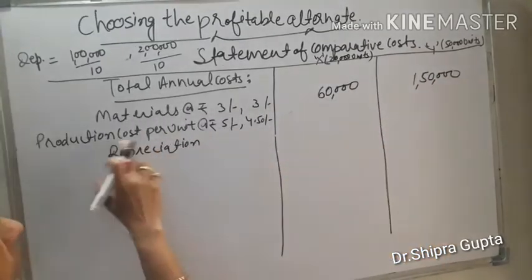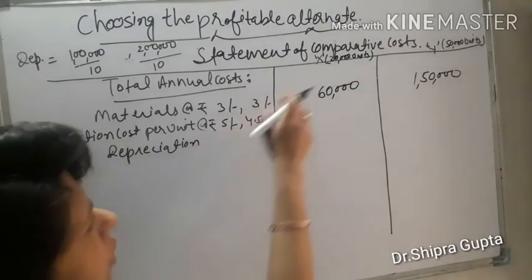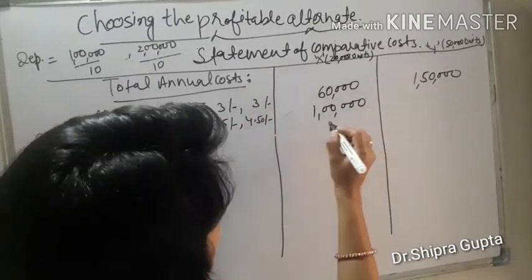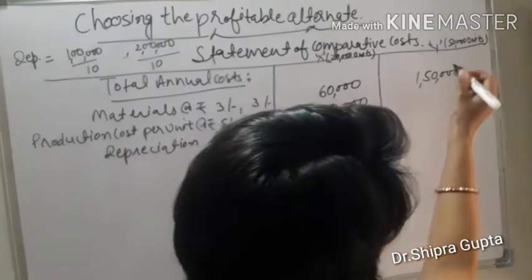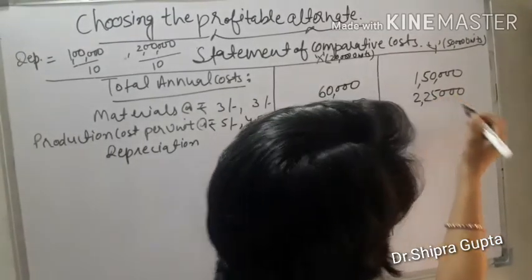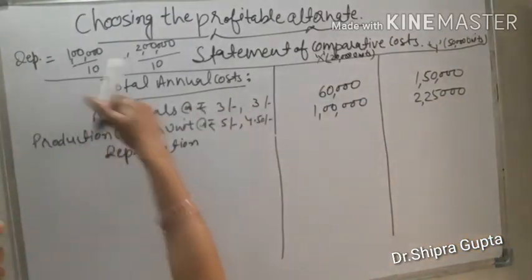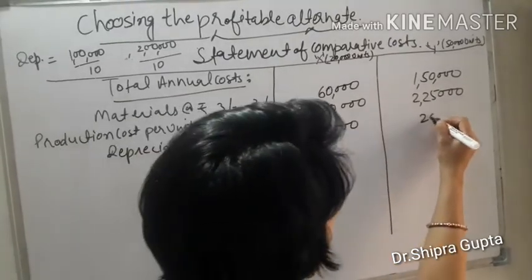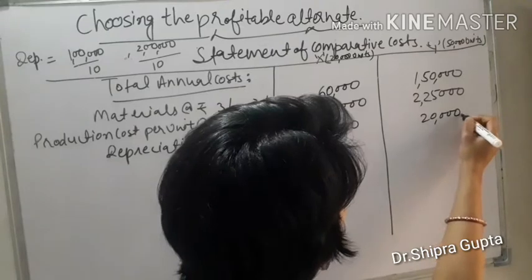Then production cost of 5 rupees per unit for X is 1 lakh rupees, and for Y it is 2,25,000 rupees, and depreciation is 10,000 for X and 20,000 for Y.